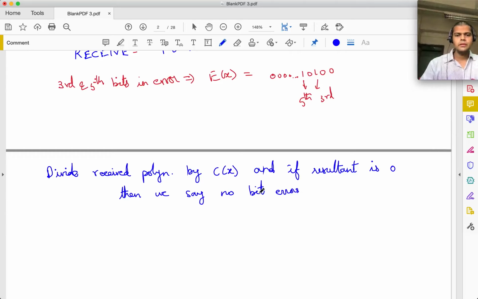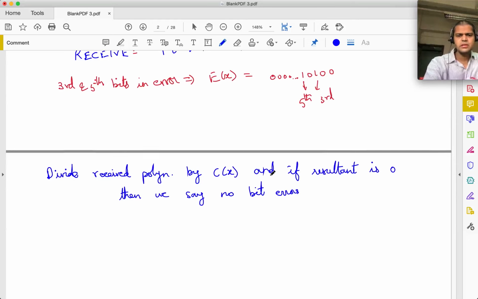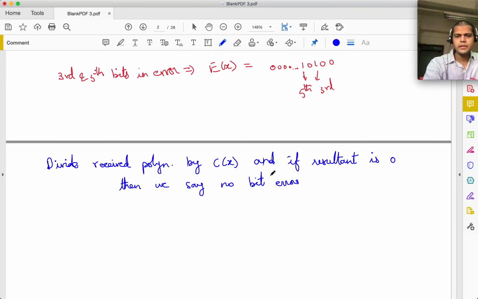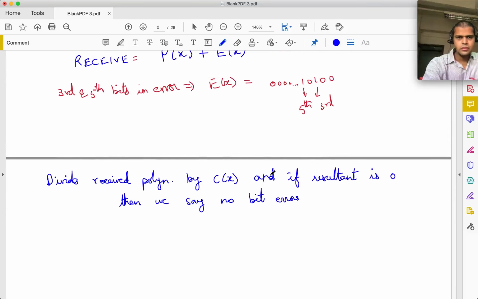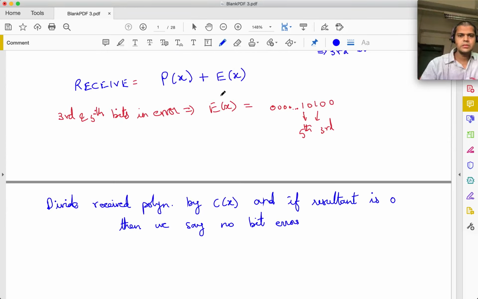Of course, this could be wrong too. Maybe there were so many bit errors that we actually shifted from one valid code word to another one. That may be possible, and then of course we'd be making a mistake. But we want to see at least what sort of errors we can catch. Essentially we want to ask the question, what E of x's will we be able to catch, meaning that when we divide, the resultant will not be 0.